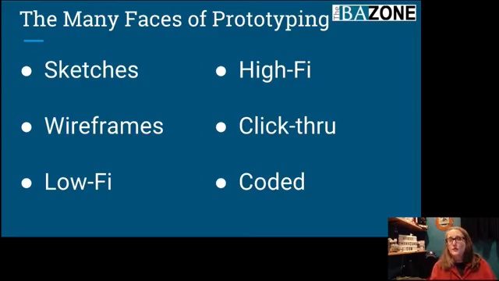When you get to a click-through, that can be either low or hi-fi, because you can do a click-through either with pieces of paper, and you have somebody point to something, and then you pull the next right page based on what they clicked on, or you can do it online, whether your people are remote, or if you just want them to do it in a more realistic environment.